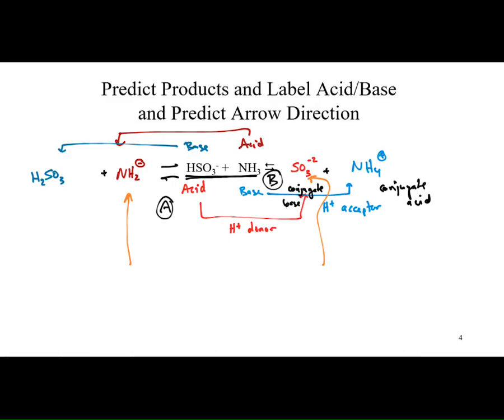If I'm going to have the reaction run as B type, I need to form SO3 2-. If I run it as A type, I need to form NH2-. So how would I decide which pathway was better? Well, which of those two is better able to stabilize that negative charge? That becomes a much more challenging question, but you should be able to figure that out based off of some of your experience already, and you should know that this one is more stable and, interestingly enough, less negative than our NH2-.